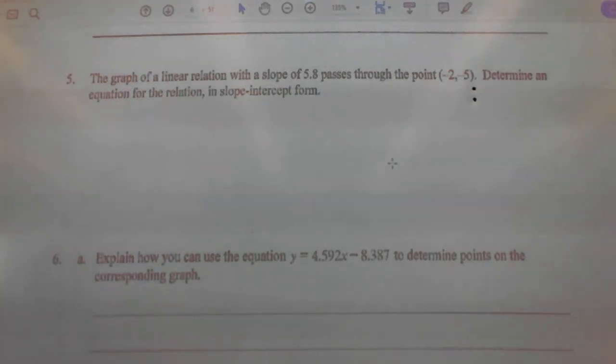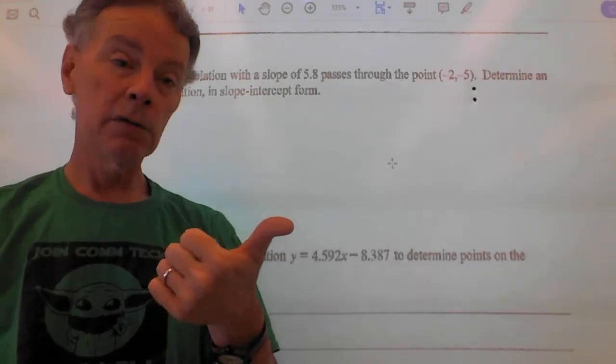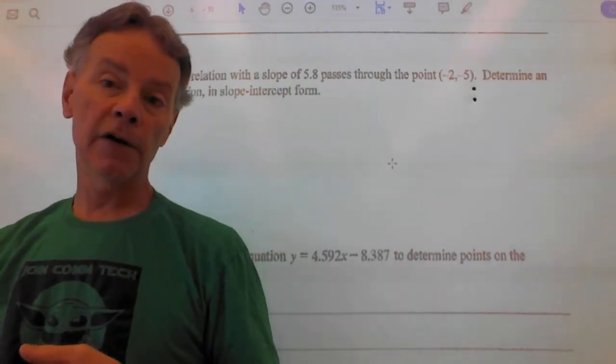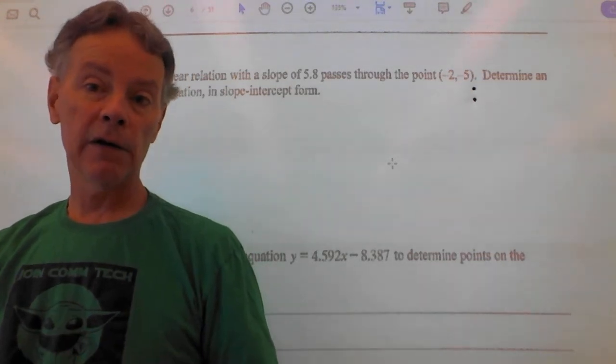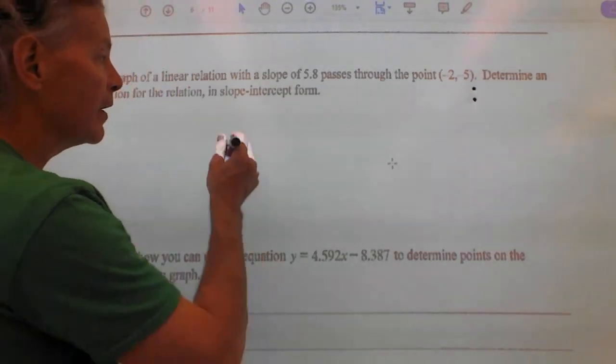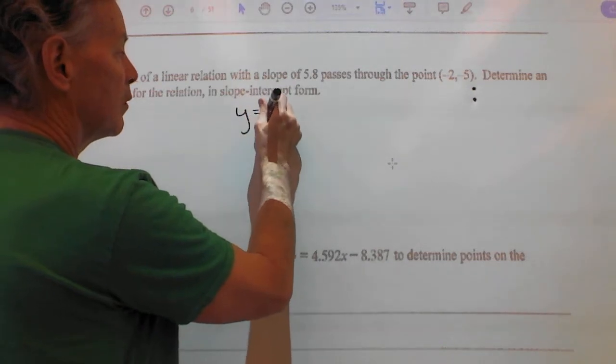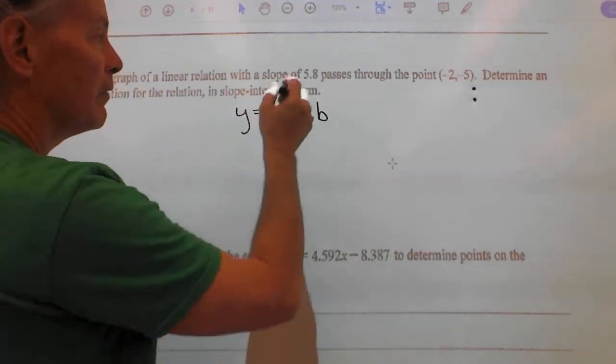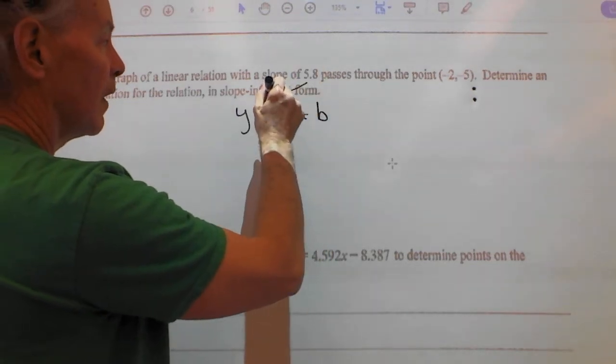For slope-intercept form, we need to know the slope. We got that, it's 5.8. And we need to know the y-intercept, but we don't know that. However, if you look at your formula, y equals mx plus b, they've given us the slope, 5.8.